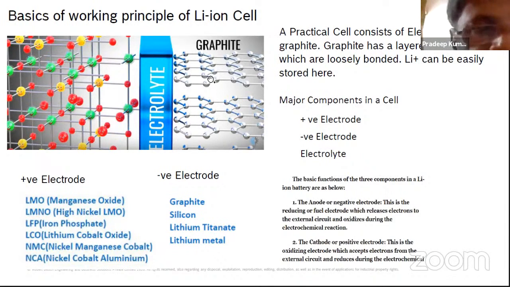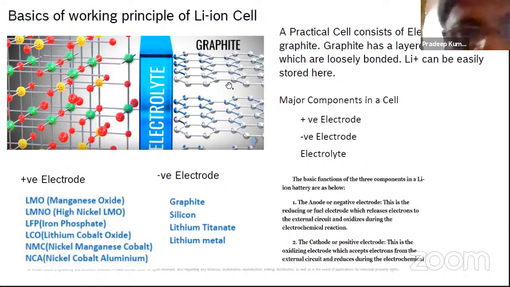So that means during discharge, when the battery is giving power, the electrons move out from this positive electrode, go through the external circuit, and come back to graphite. So lithium Li+, which is available here, will move from the positive electrode to the negative electrode.